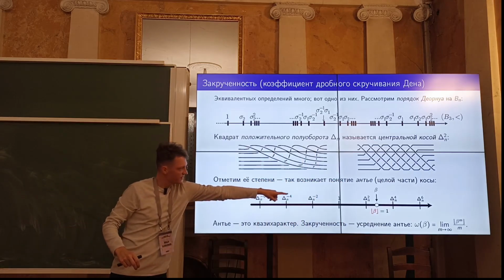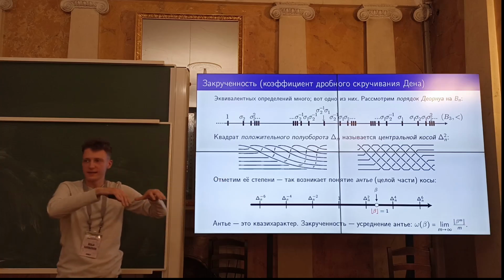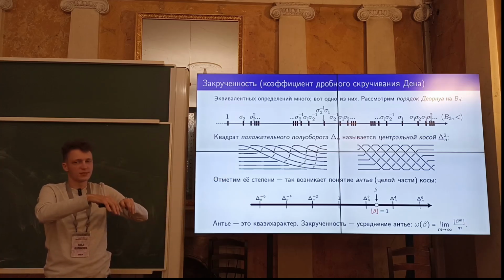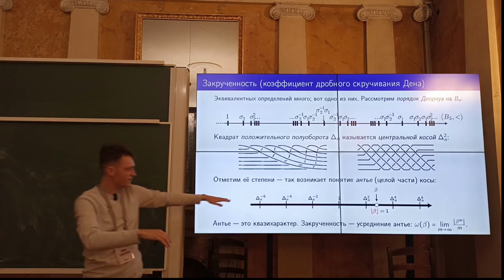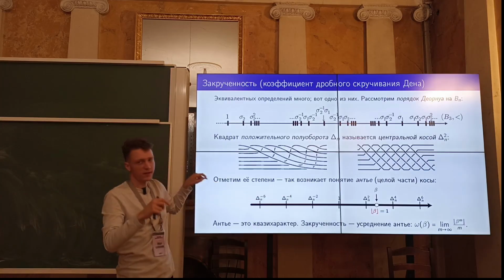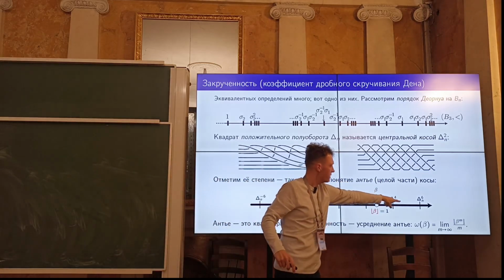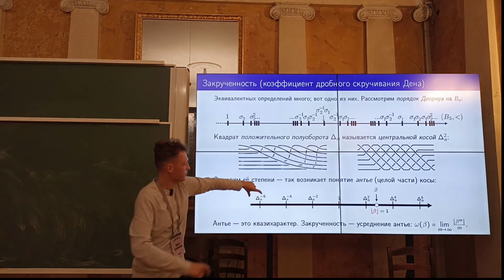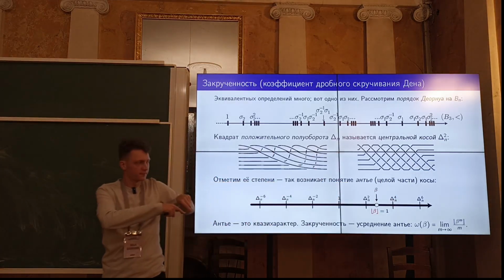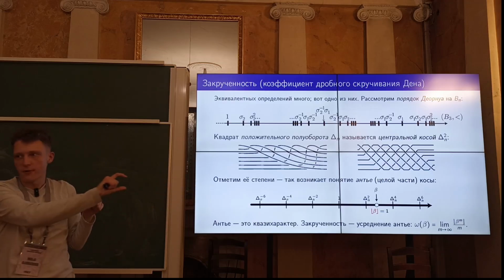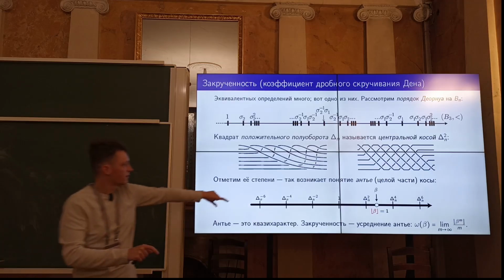These powers give a zero-dimensional grid on the real line, and we can compare every braid with these intervals between the powers of the central braid.